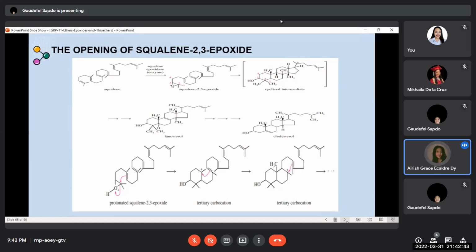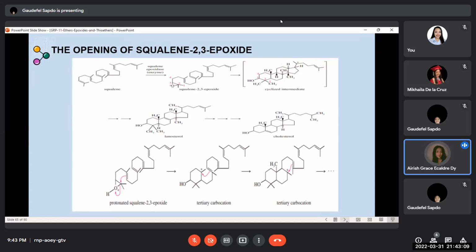Although cyclization of squalene epoxide is controlled by an enzyme, its mechanism is similar to the acid-catalyzed opening of other epoxides. The epoxide oxygen becomes protonated and is attacked by a nucleophile. In this case, the nucleophile is a pi bond.